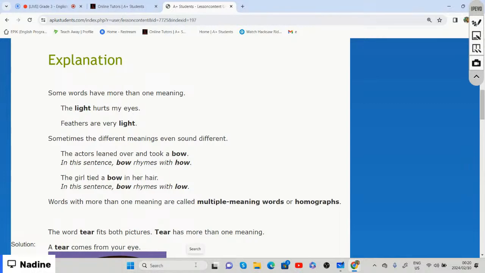And we said words with more than one meaning, we call them multiple meaning words, or we call them homographs. Homographs are words that are spelled the same, but the meanings are different, and the sound can be different.